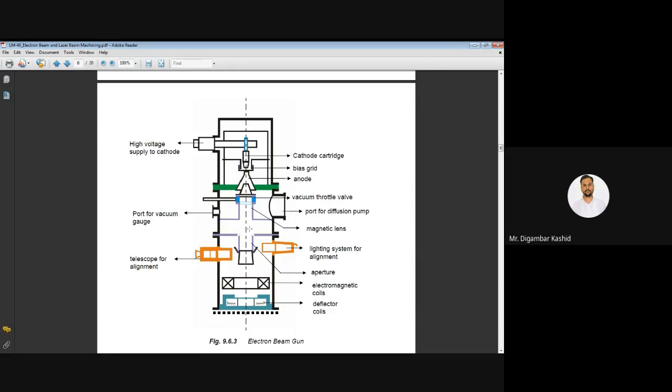Then for the vacuum gauge, the magnetic lens is here. So this is called the electron beam gun.